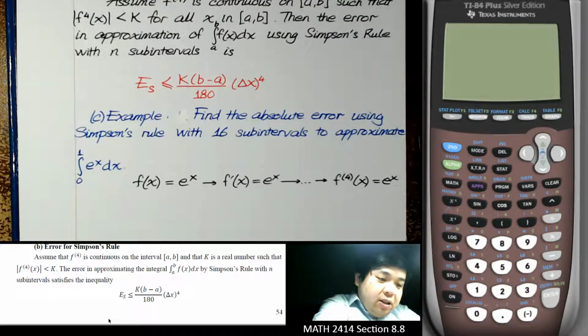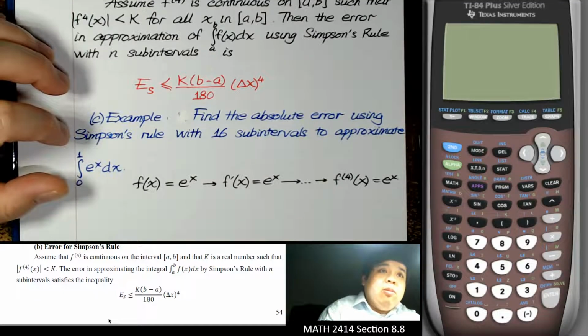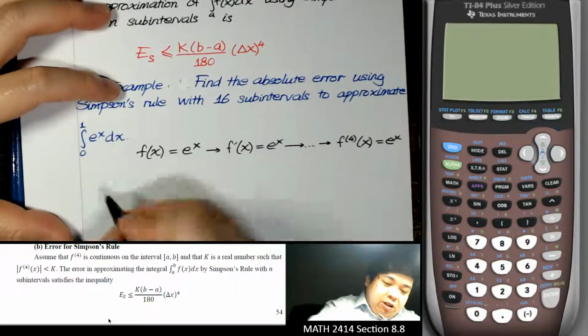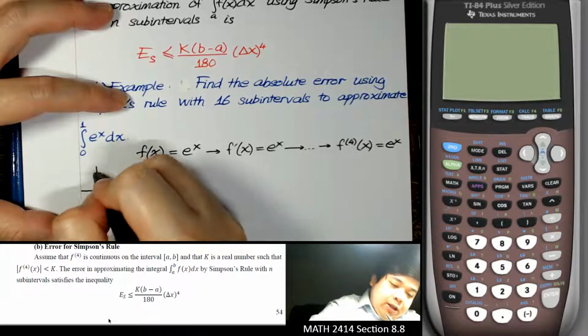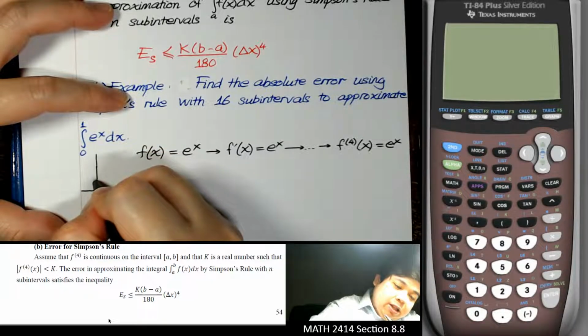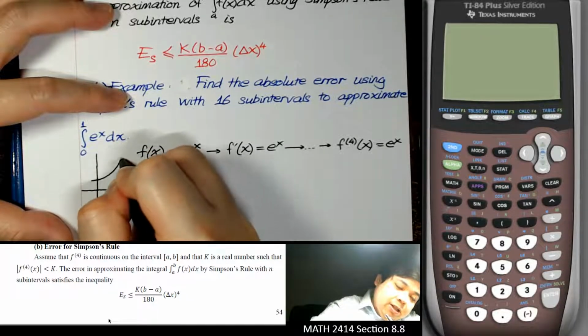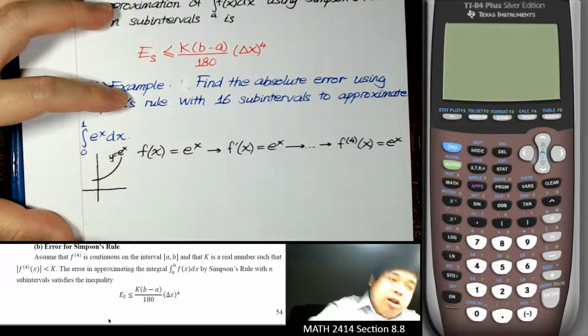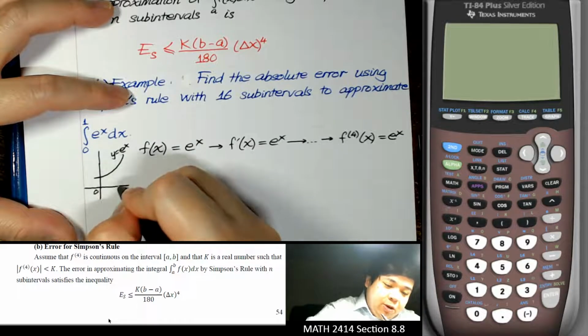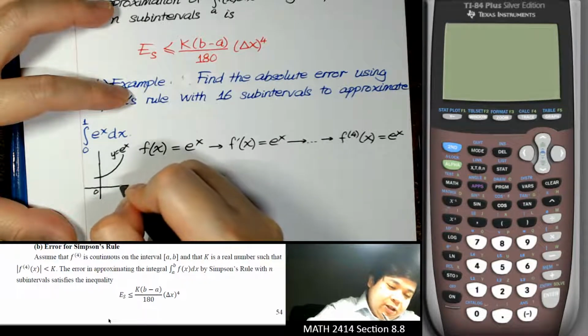Next, we have to find the maximum of this function. Now, e to the x, what does that look like? E to the x looks like that, right? From 0 to 1.